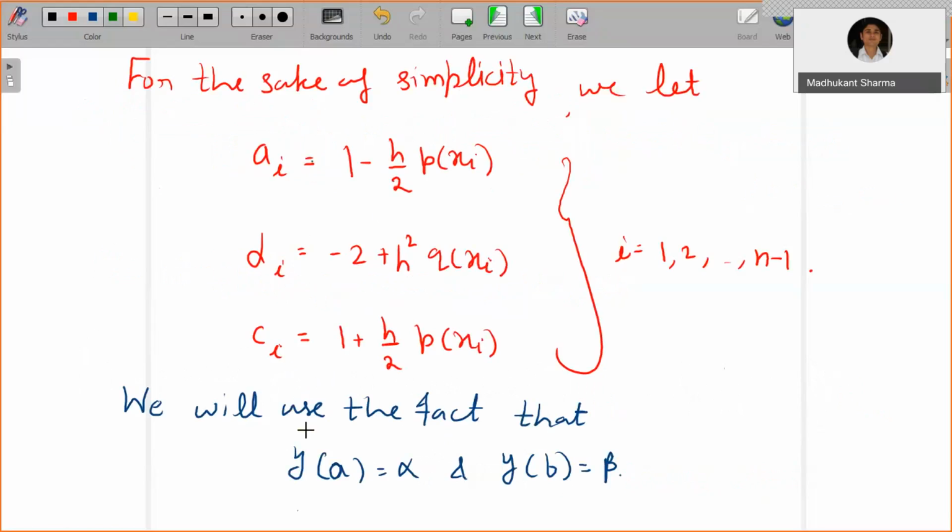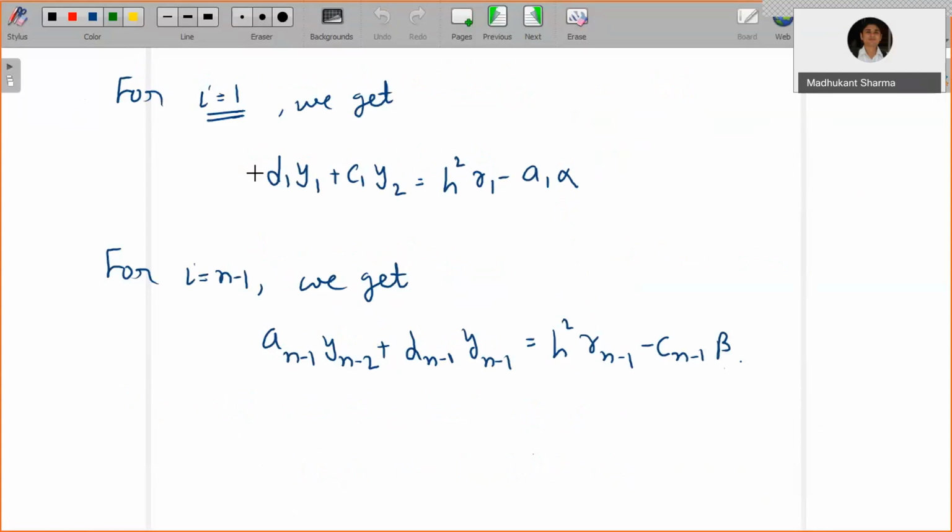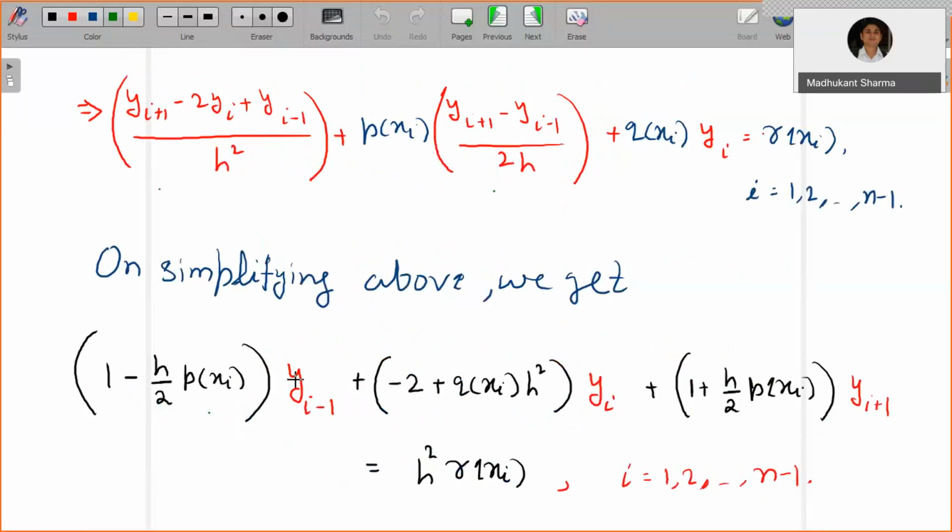And we will use the fact that the conditions y at a equals alpha and y at b equals beta. Right. So for i equals 1, if you replace i equals 1 here, we have used the notation ai, di and ci for these coefficients.